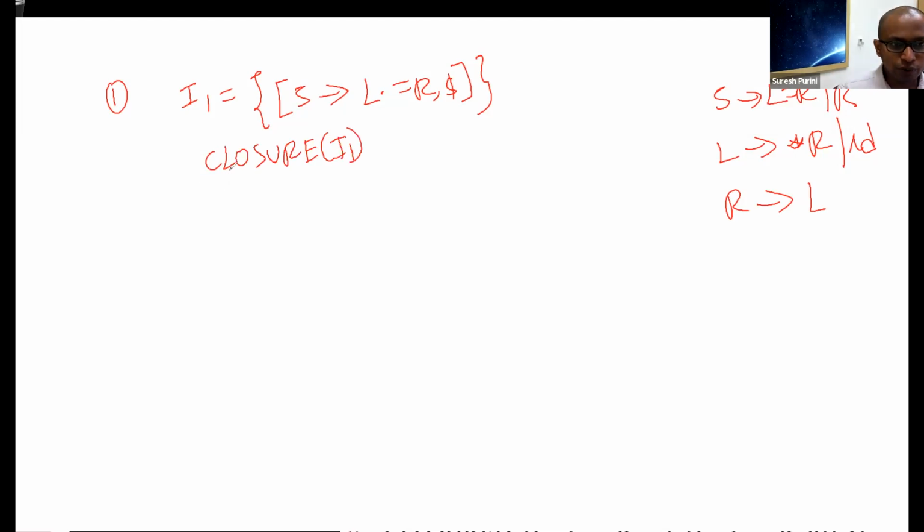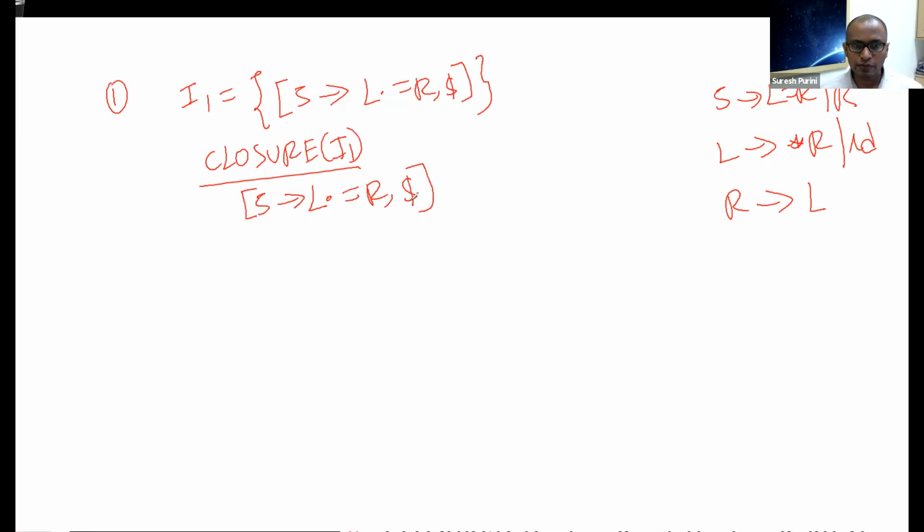When we want to compute the closure of I1, the first thing that we do is, every item that is present in the base set, we include here. There is only one item in the base set, and we include it. Now we look for items which look like alpha dot B beta followed by a terminal symbol.